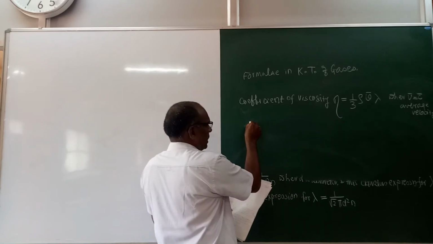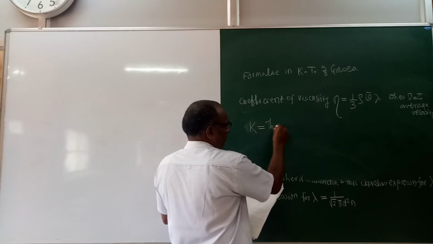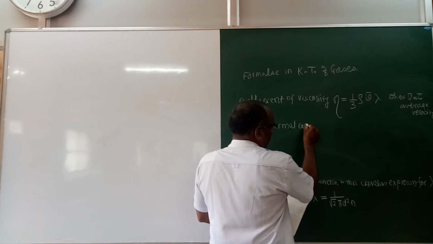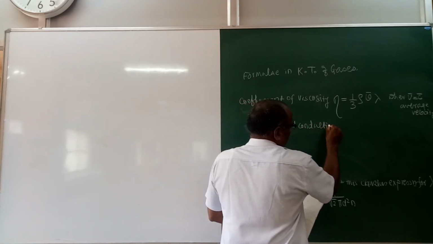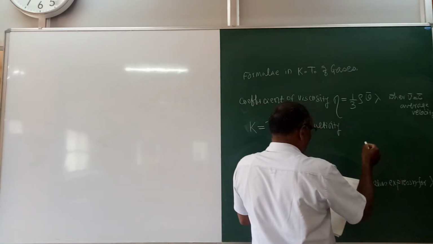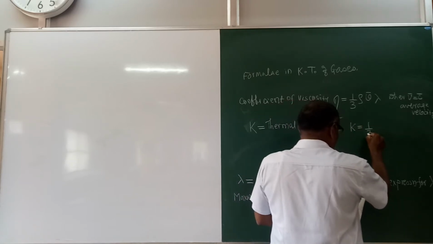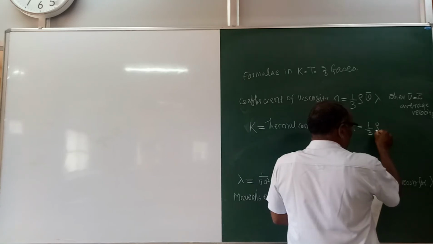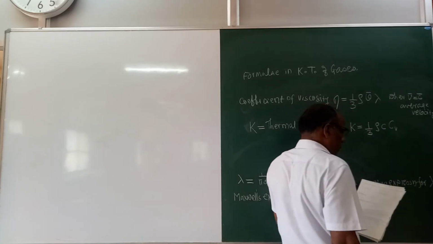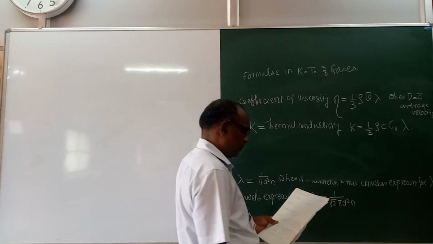Thermal conductivity denoted by letter K, is equal to 1/3 rho c average velocity, specific heat at constant volume, and lambda the mean free path.